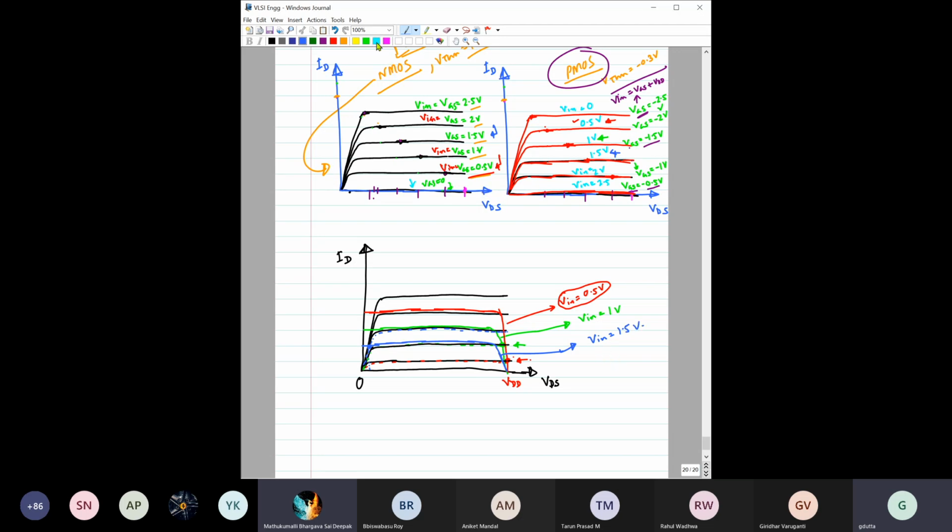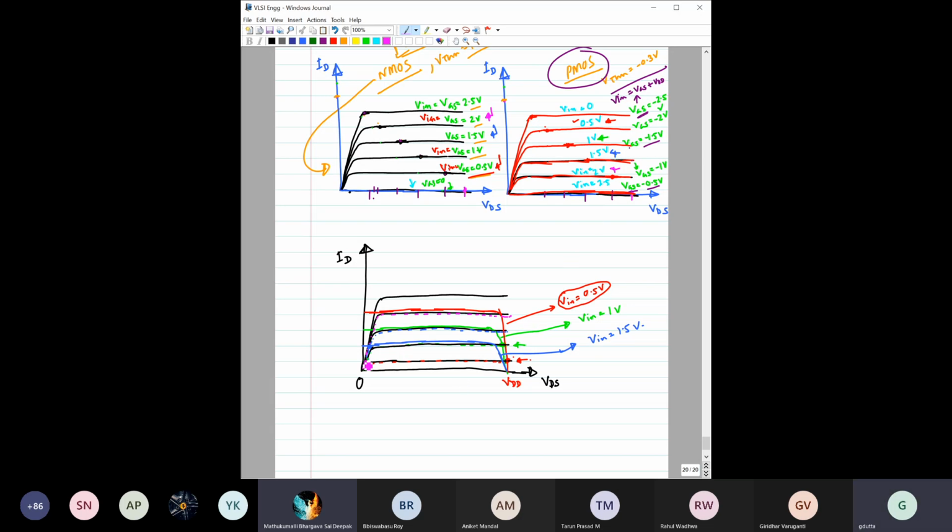Okay, let us choose one more color, maybe the pink one, and go for the other one, that is VGS equal to 2 volt. So VGS equal to 2 volt means this one, right? So let us draw this pink color here, and VGS equal to 2 volt is the first line, right?